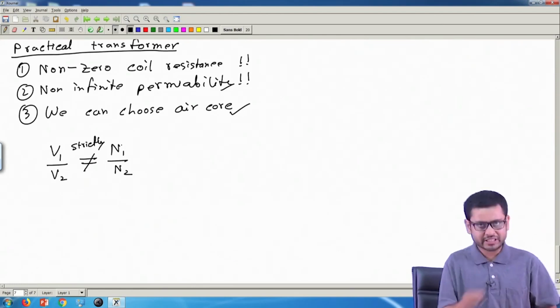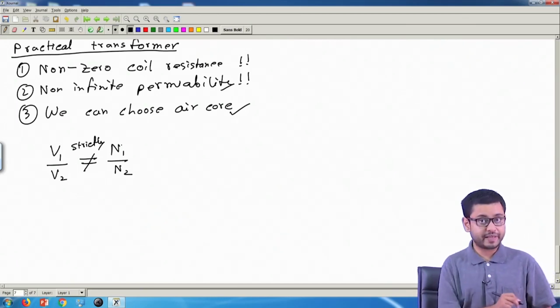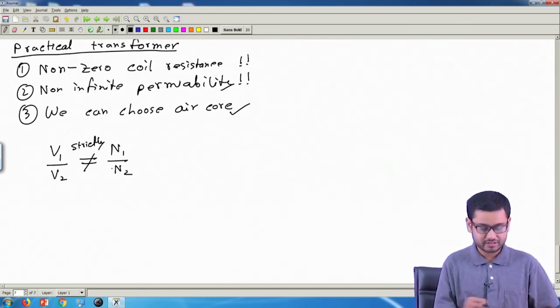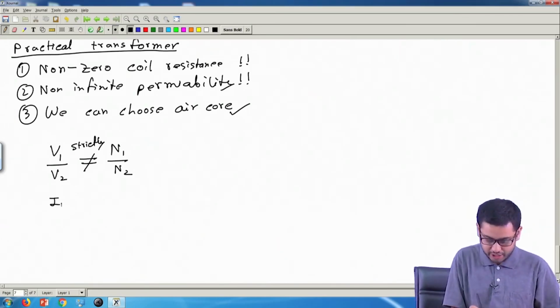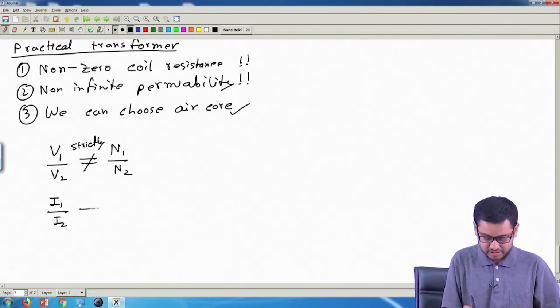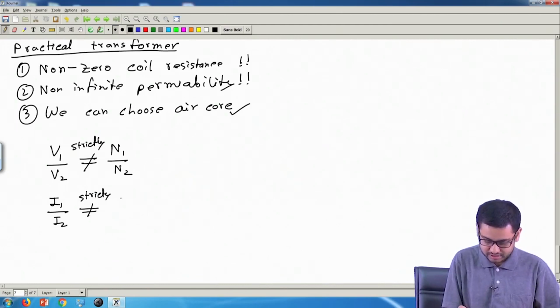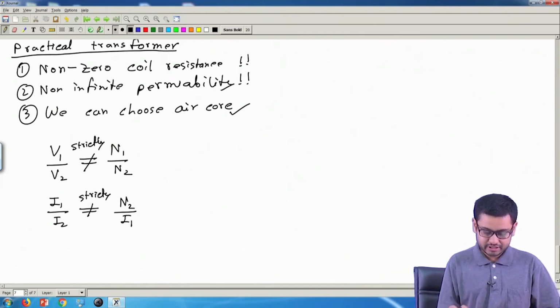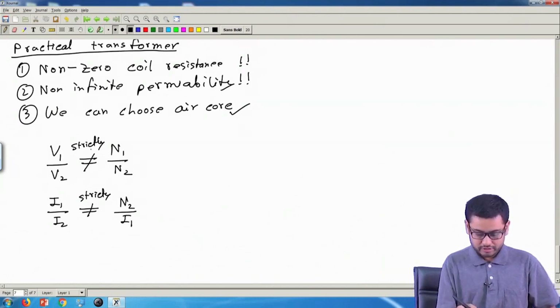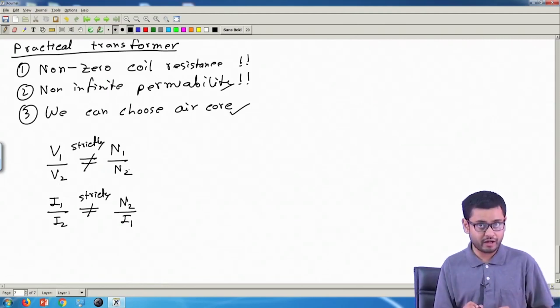Yes, it can be approximately equal, but strictly speaking, it's not going to be equal. Similarly, I1 by I2 is not strictly equal to N2 by N1. So V1 by V2 equal to N1 by N2 is not the rule for a practical transformer.